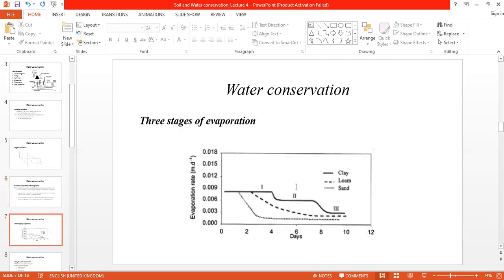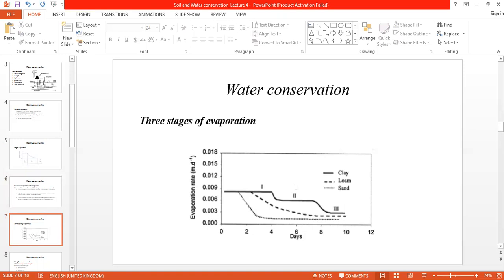So the process of evaporation as well is kind of similar to infiltration in terms of the stages.